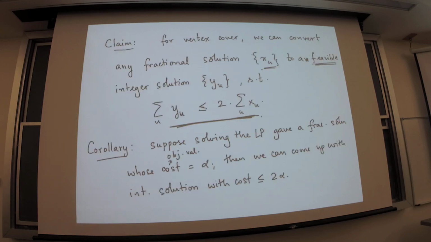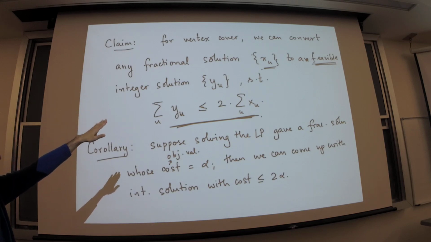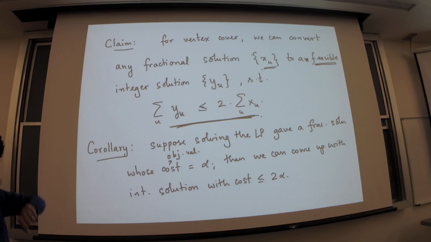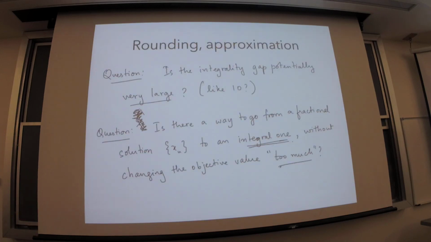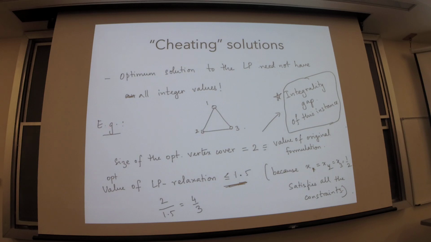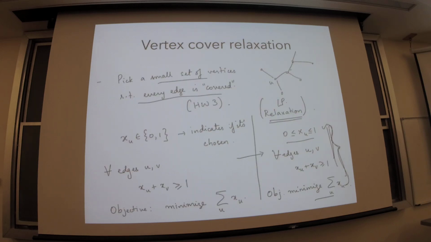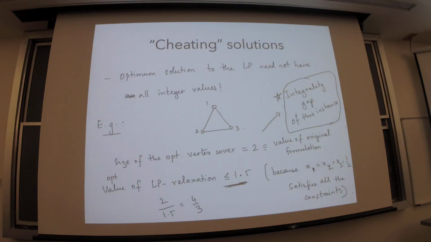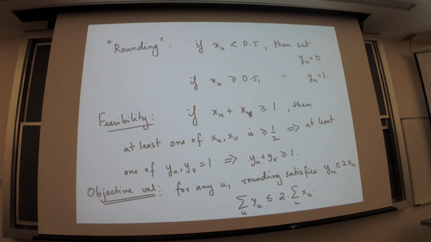So what this shows is that if you have any fractional solution, you can convert it into an integer solution with at most twice the cost. And this is nice because now, so let me get this slide.